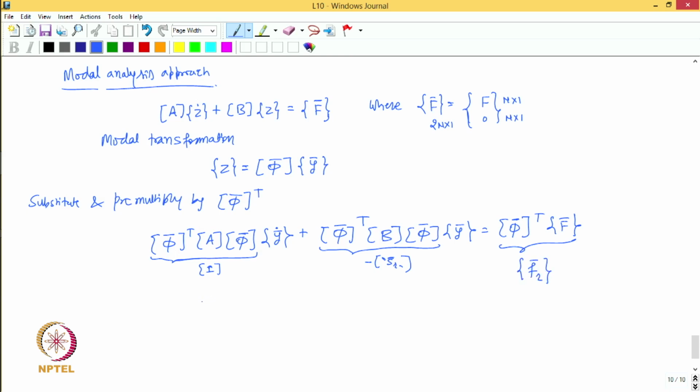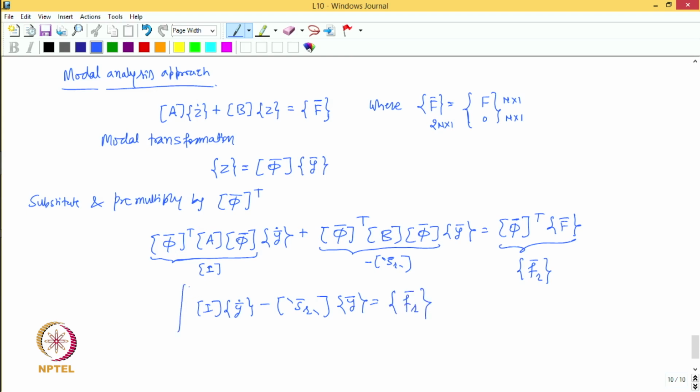So, what do we get? We get I y bar dot plus, now we have minus rather, because we have a minus sign there. So, minus S R bar y bar is equal to F R bar.